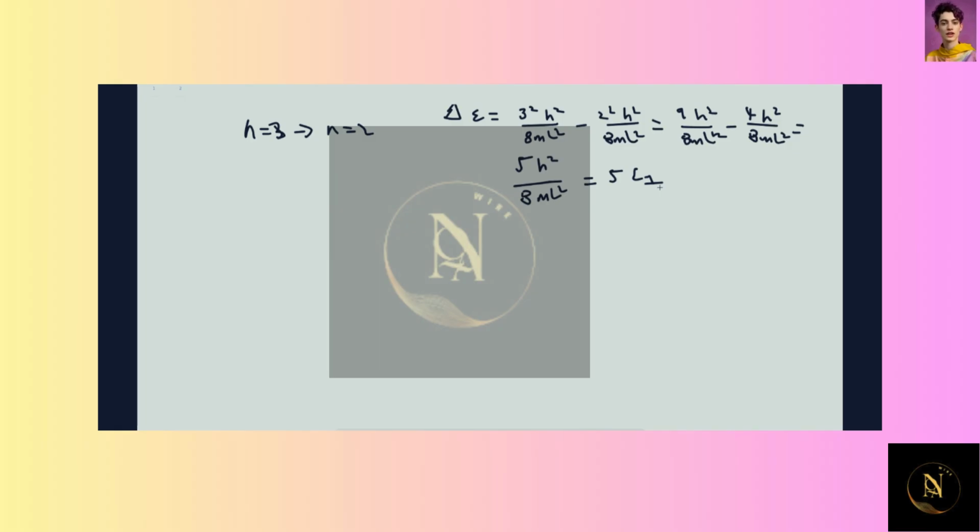Again, going back to using the lambda expression from before, lambda is equal to 8 m L squared c over 5 h this time.